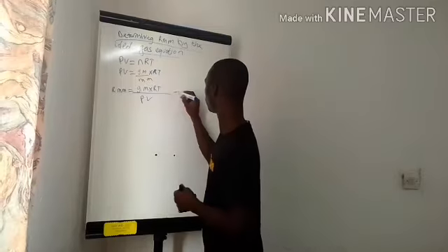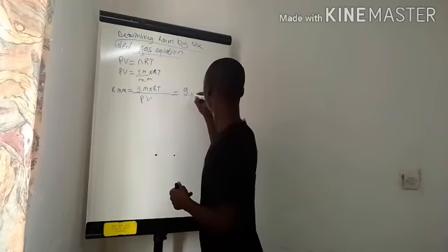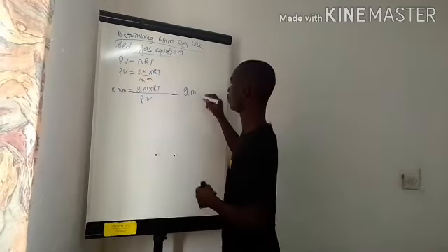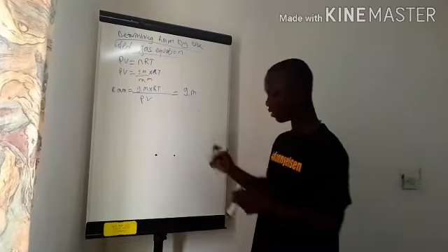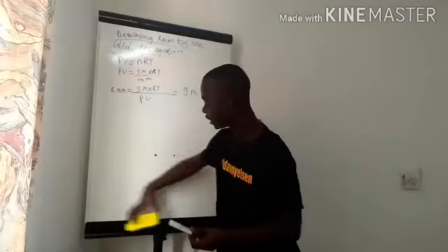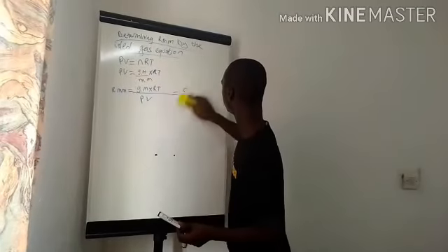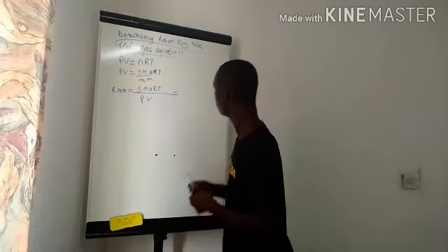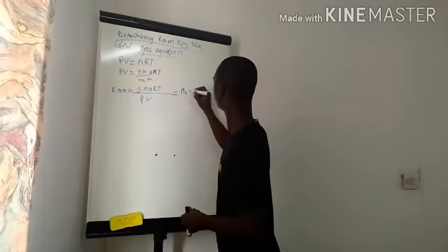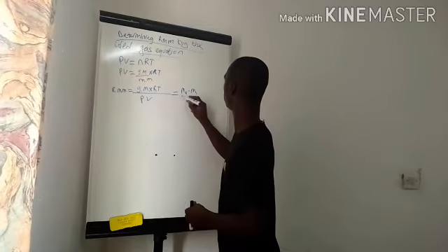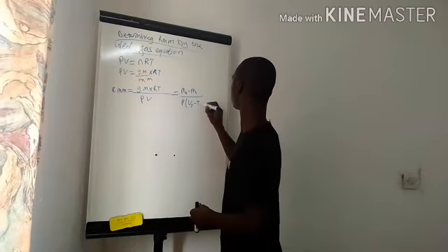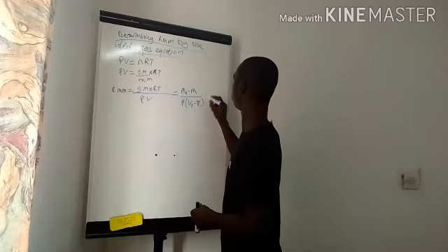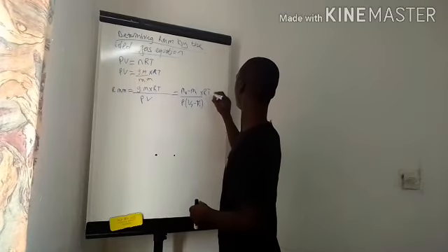So we can have this also written like this: given mass, and this given mass can vary. Okay, this given mass can vary. So it becomes M2 minus M1 divided by P into V2 minus V1 times RT.